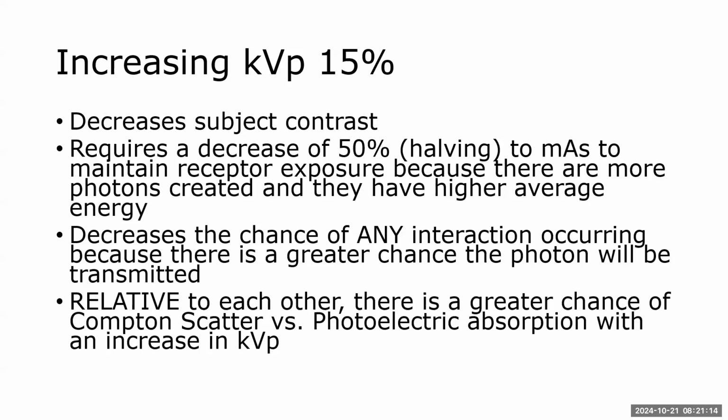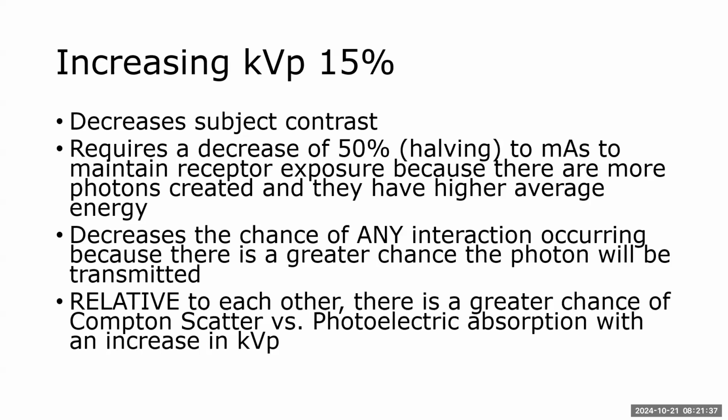Is everybody with me? It only takes a 15% change in kVp to do that. What percent of mass did it take to double receptor exposure? 100%, right? It took 100% more mass, or a doubling of mass, to double receptor exposure.